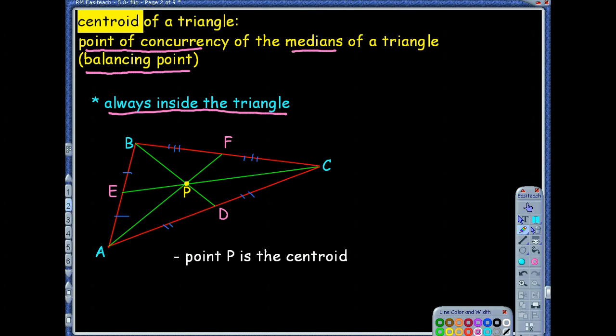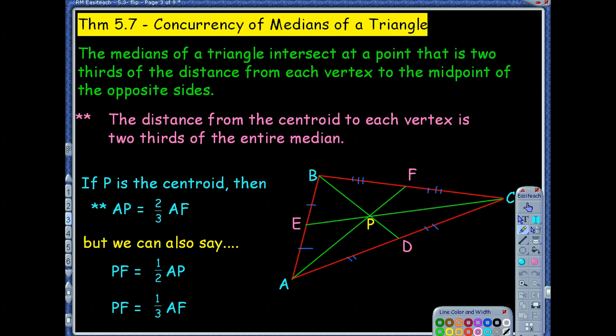Okay. So what we explored today as well was this theorem. This theorem involves, again, the concurrency of the medians. So the medians will always intersect at a point, and we call that point, again, what? The centroid. So the centroid is 2/3 of the distance from each vertex to the midpoint of the opposite sides.